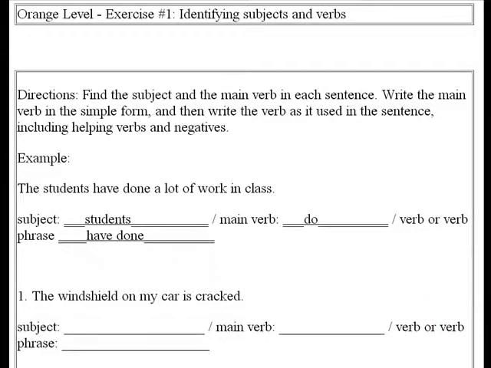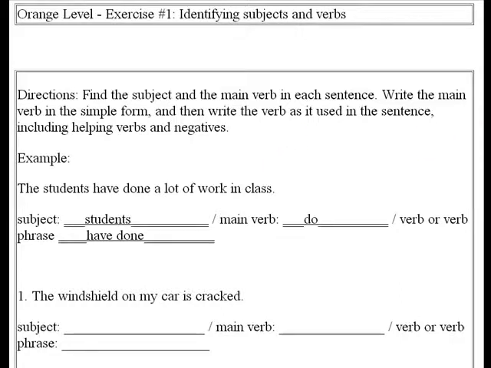This is an exercise on identifying subjects and verbs. You have the direction: find the subject and main verb in each sentence, write the main verb in the simple form, and then write the verb as it's used in the sentence, including helping verbs. Okay, I know that's a lot, but you all know this now.